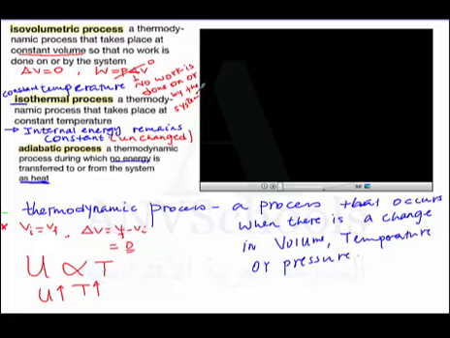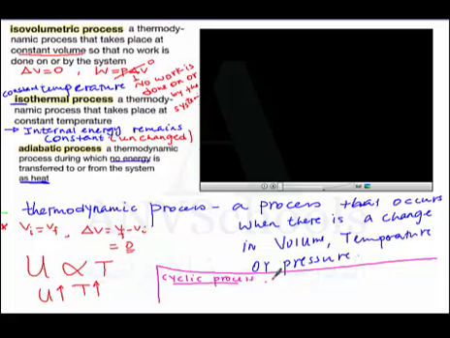And the fourth thermodynamic process is the cyclic process. The fourth type of thermodynamic process is a cyclic process.